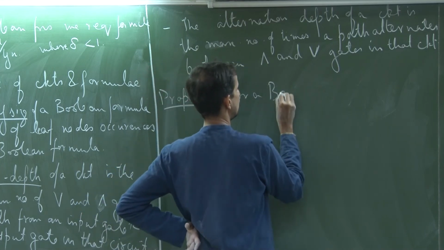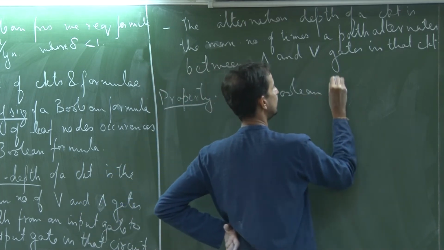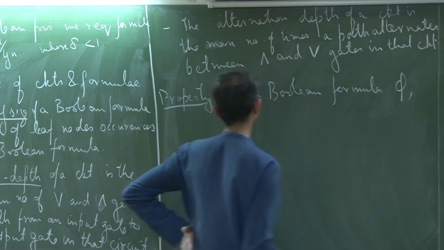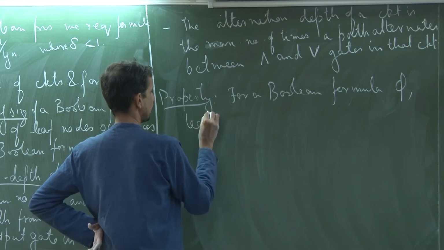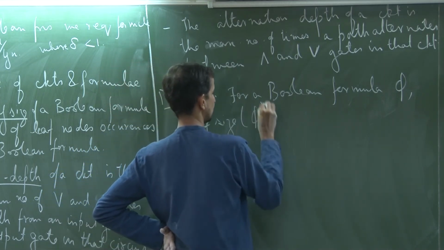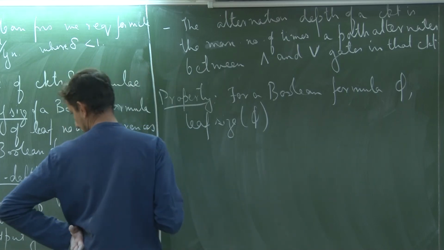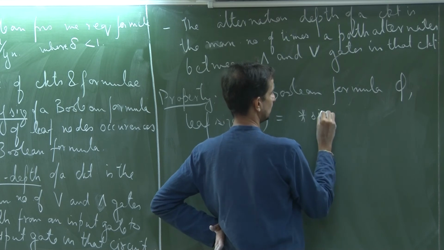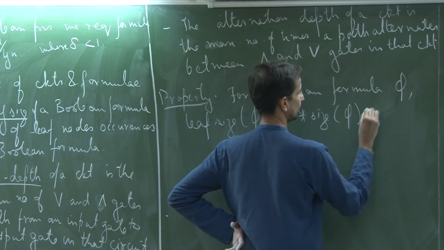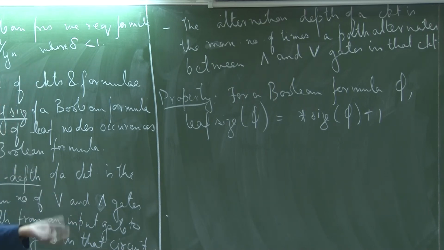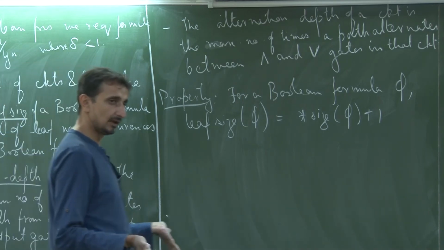For a Boolean formula phi, leaf size of phi is equal to star size of phi plus 1. So, all we are saying is that you take a Boolean formula.